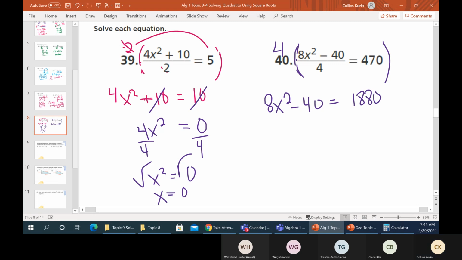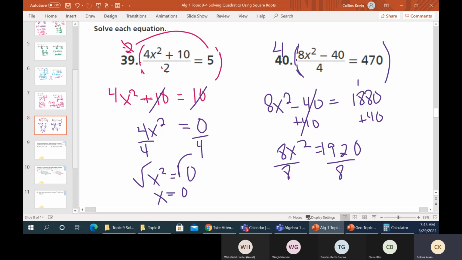All right. So then our next step is we go ahead and add our 40 to both sides, right? Standard stuff. Okay, so these guys go away. Now I have 8x squared equals, I'm going to go old school here. So we got 0, 2 with 1 over, so 1920. Then we divide both sides by 8.